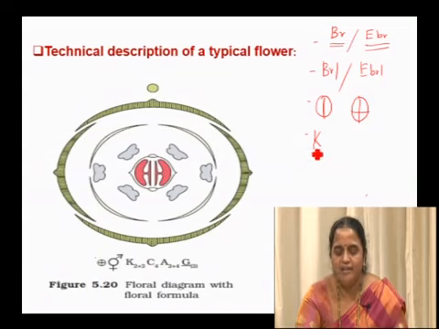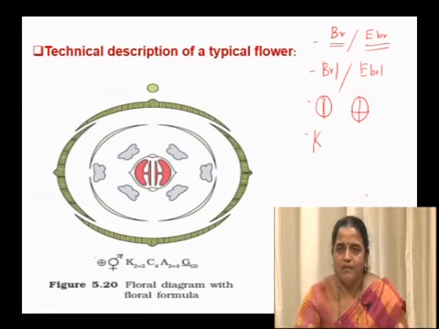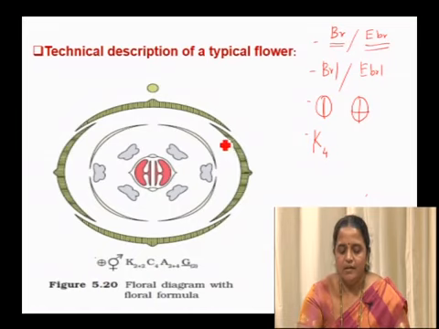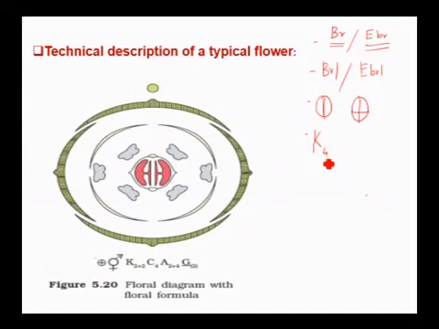It is written as K. In this diagram, 4 sepals are shown, so I can write 4 here. Here, the aestivation, if you see, is not proper. There are 2 members overlapping and 2 members with overlapped margins. But here the sepals are free, so there is no need to put a bracket around this number.